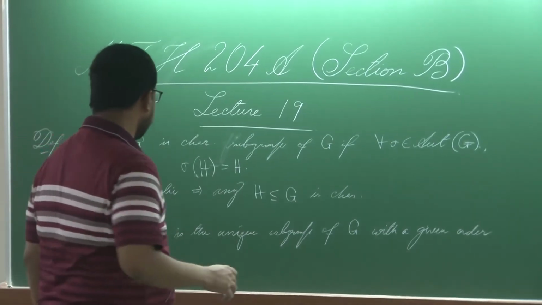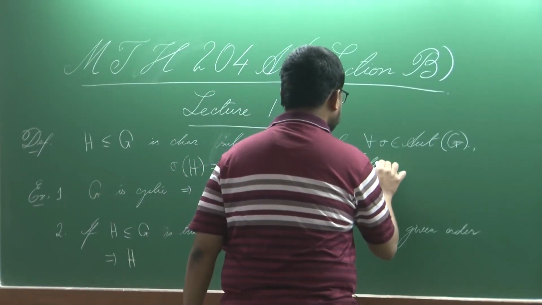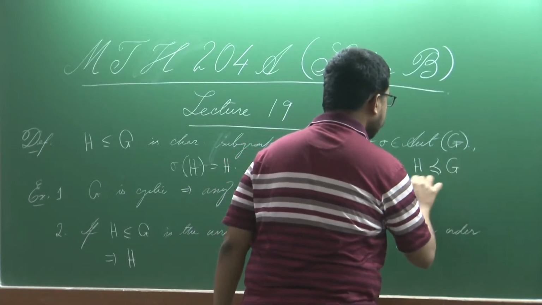Okay, so let me introduce a notation here. If H is a characteristic subgroup of G, then we will simply write it as follows.